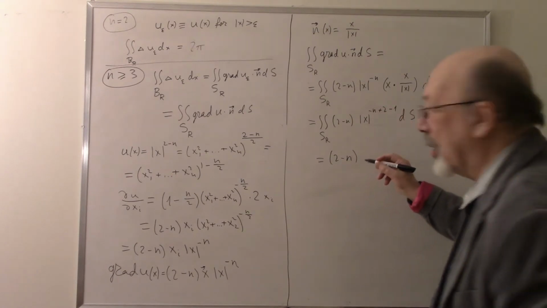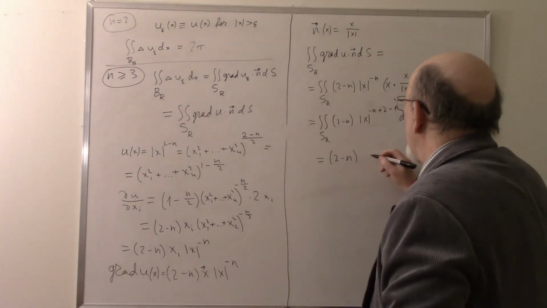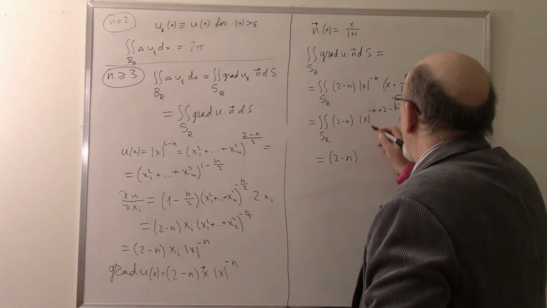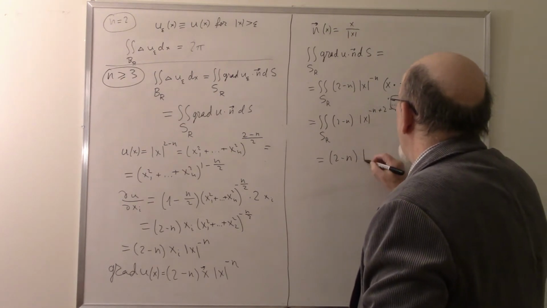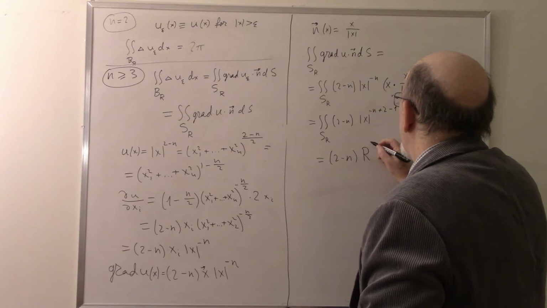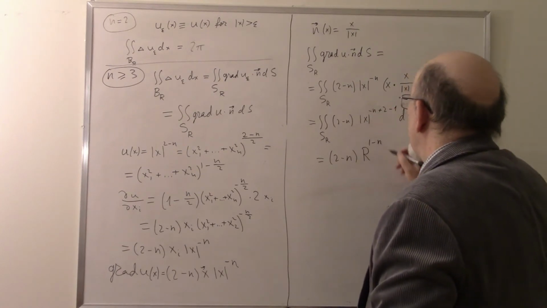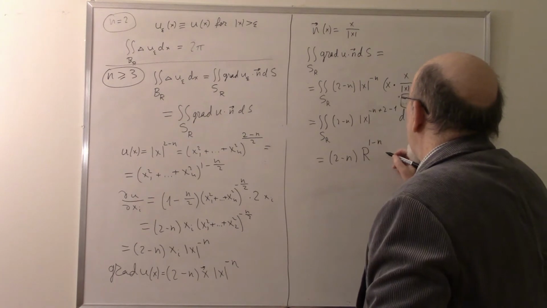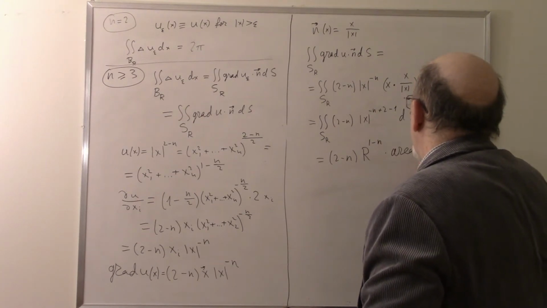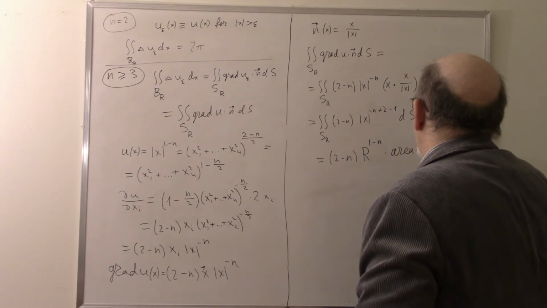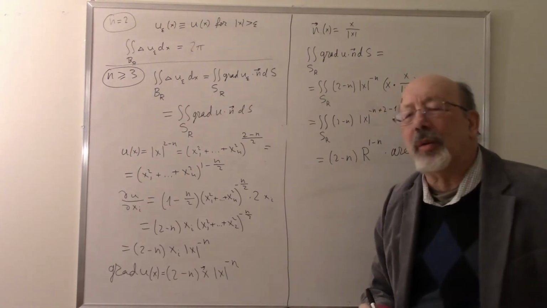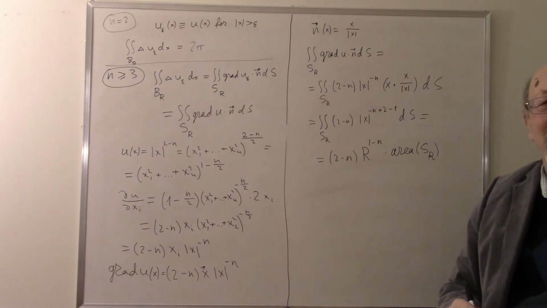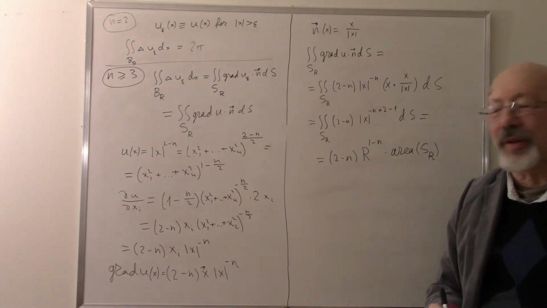So we write (2−n) times r^(1−n) times the area of S_R, the (n−1)-dimensional area of the sphere S_R.